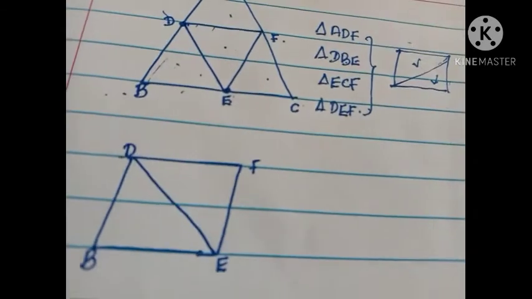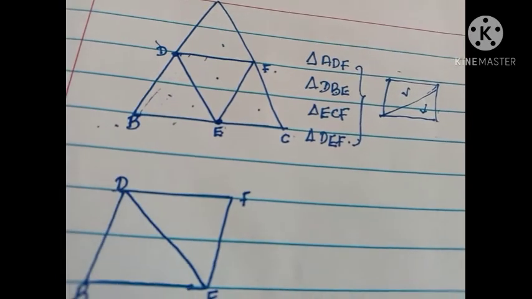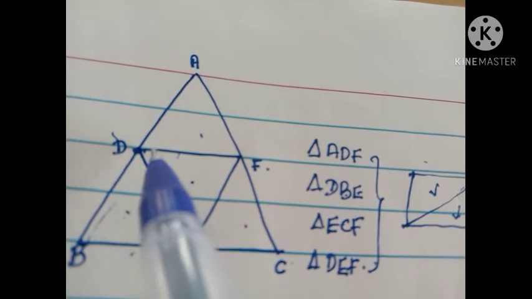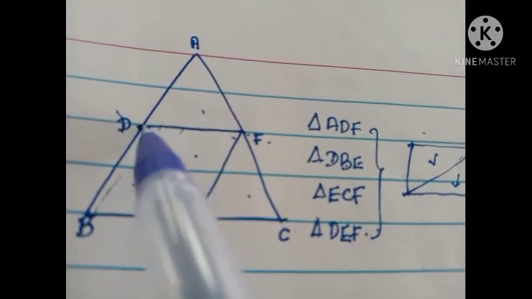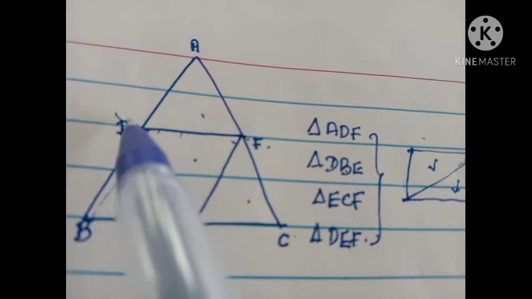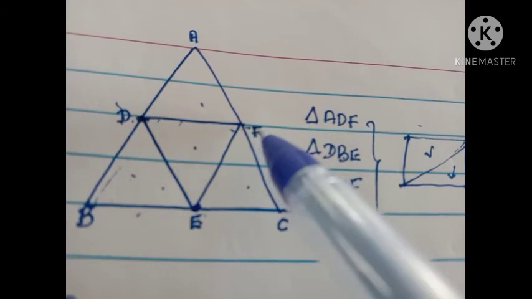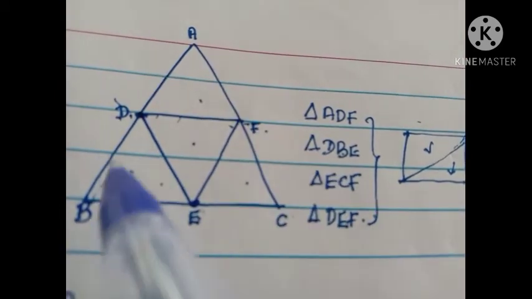Okay. So listen, the figure DBEF. We are going to prove this is a parallelogram. Now look at this figure. What is the line DF? DF is the line segment joining midpoints D and F, isn't it? DF is a line segment joining midpoints of 2 sides of triangle ABC.